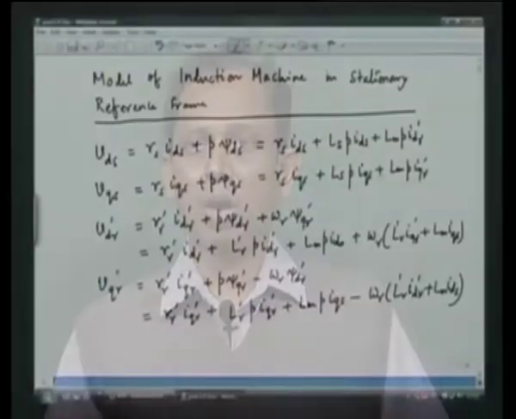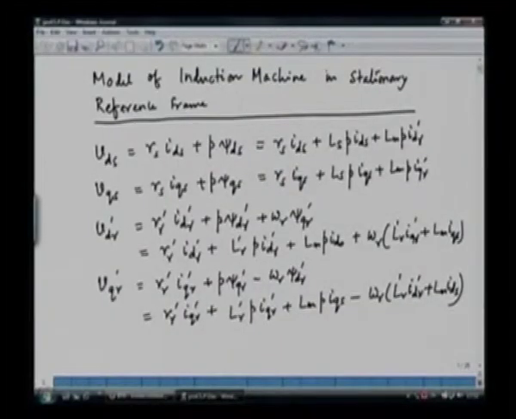Now this equation, those that we have written here, we can express them in the form of a matrix. So we can just write down these equations in the form of a matrix: VDS, VQS, VDR and VQR.